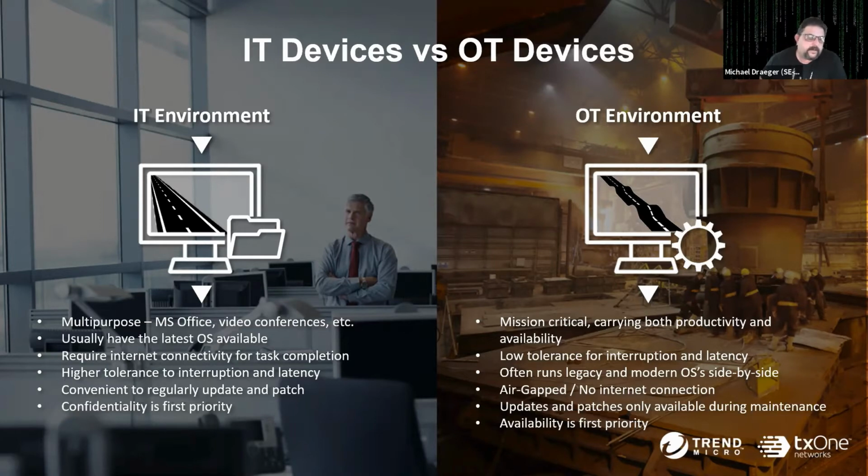Most of them have internet connectivity. And if there happens to be a loss in network connectivity or some latencies that cause some interruption in business, it's not going to typically cause a lot of problems, maybe an inconvenience for some people because an email may not go out or whatever. But for the most part, it is not something that's going to cause an issue if there's an outage.